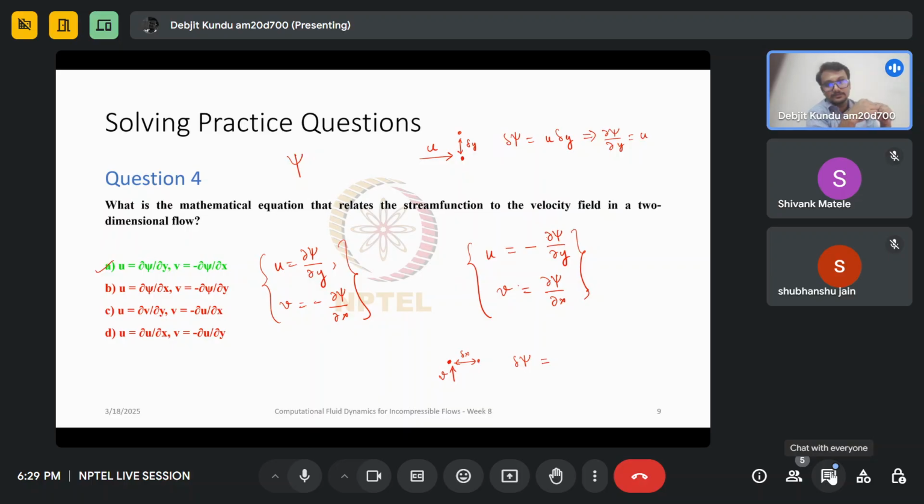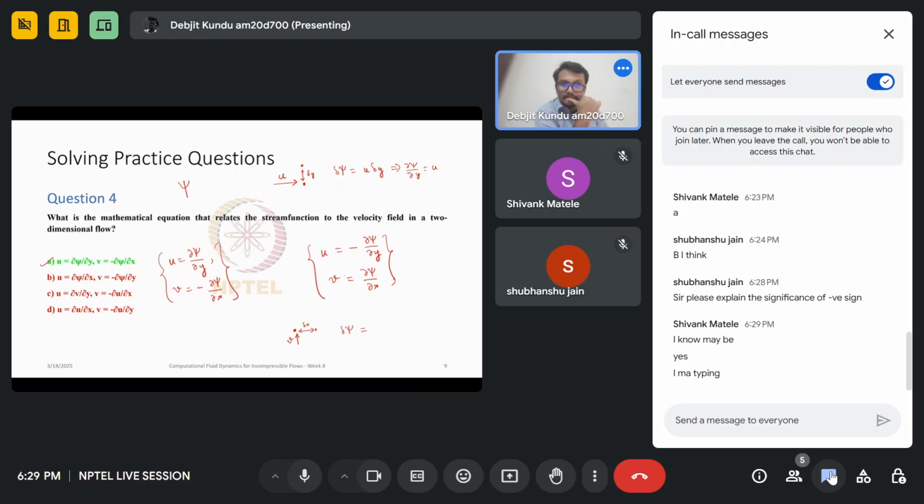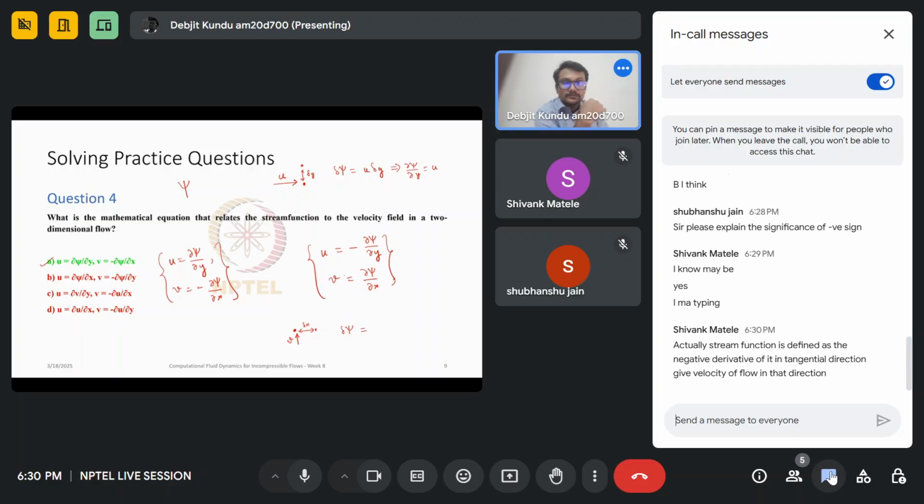If dou psi increases in the y direction, that means u is positive, and if it decreases in the x direction, that means there's a positive v.